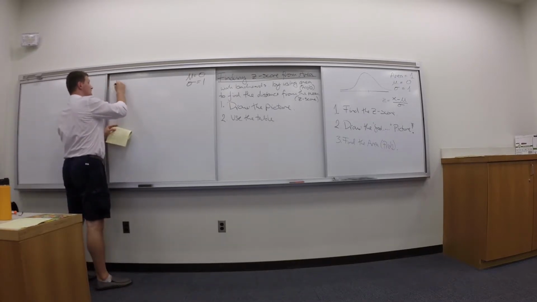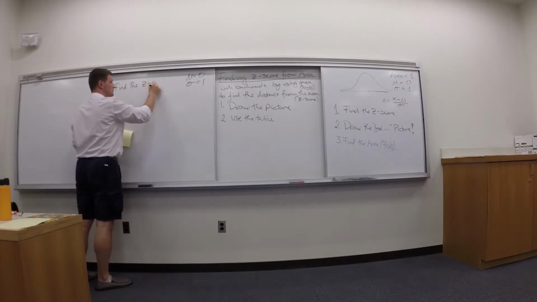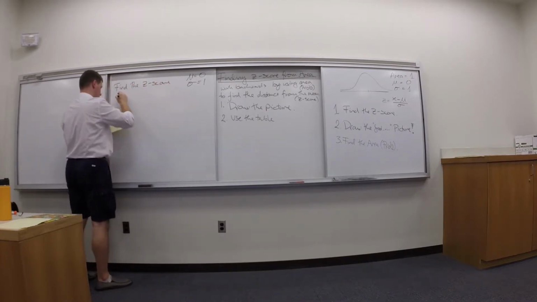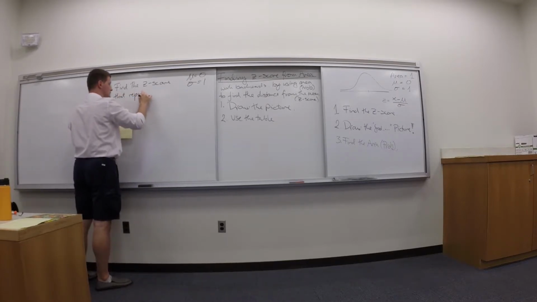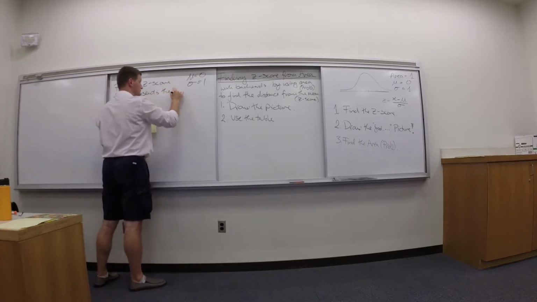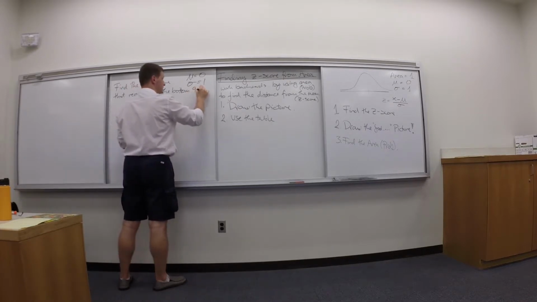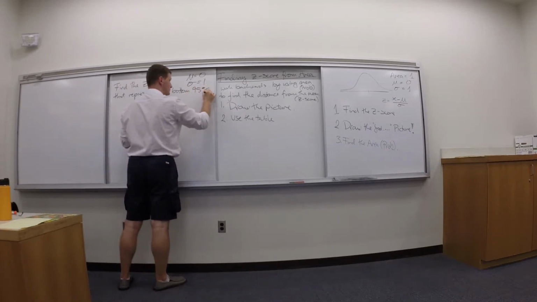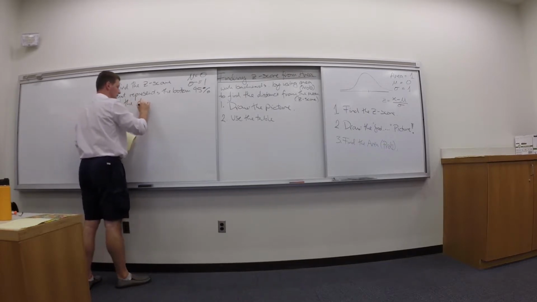And let's say find the z-score that represents the bottom 95% of the data.